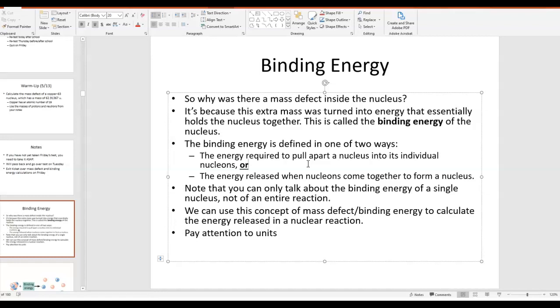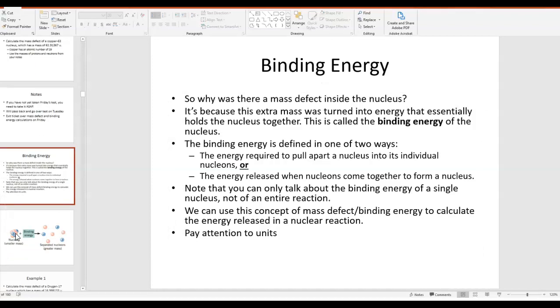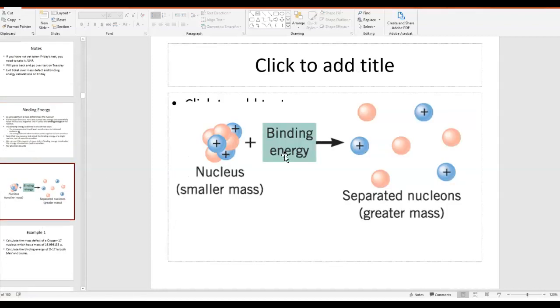The mass defect of a nuclear reaction does not go to what's called binding energy, or I guess you could say it does, but we'll talk about that momentarily. Here you can see a visual representation of what we talked about. If you were to take a nucleus and add energy to pull apart the pieces into its individual constituents, however much energy that took to do, that amount of energy is called the binding energy.